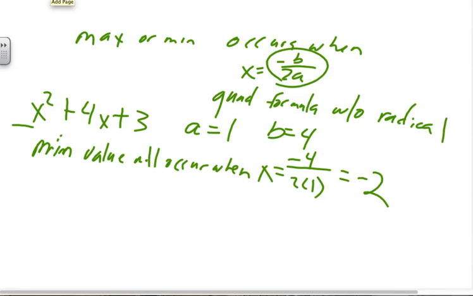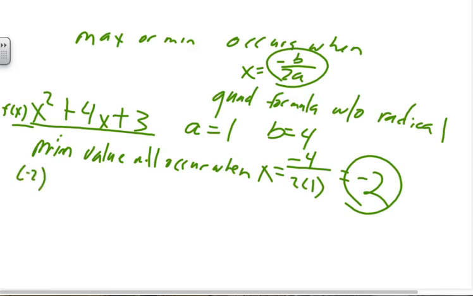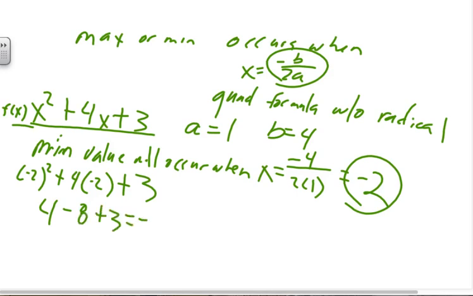However, that doesn't tell us what it is. So we plug this value back into my f of x, my original one. So to get what it actually is, I'll have negative 2 squared plus 4 times negative 2 plus 3, which gives me 4 minus 8 plus 3, which is negative 1.